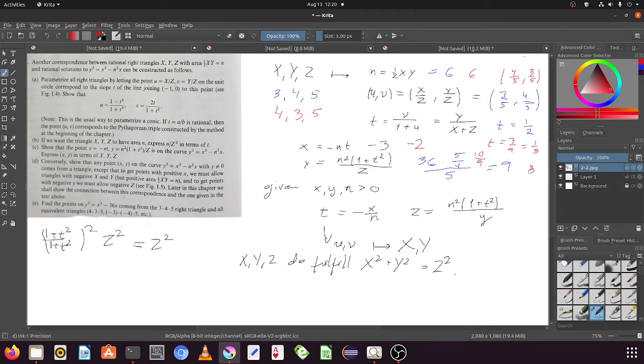So 3, 4, 5 plus minus maps to minus 3, plus minus 9, and 4, 3, plus minus 5 maps to minus 2, plus minus 8.